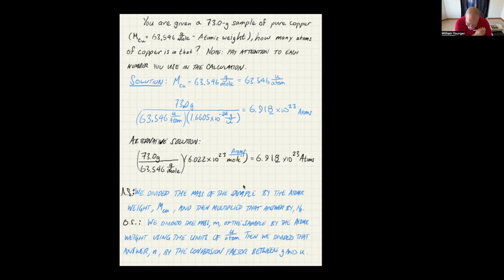So if you just look back at this, you can realize the only way this is both giving us the same answer, which it clearly did, is if in fact the conversion factor we used for grams to atomic mass unit is the reciprocal of Avogadro's number.